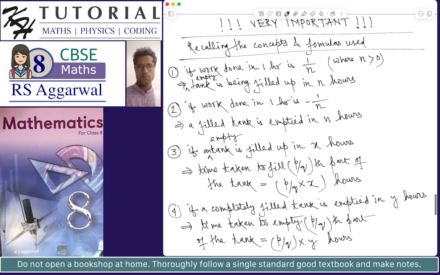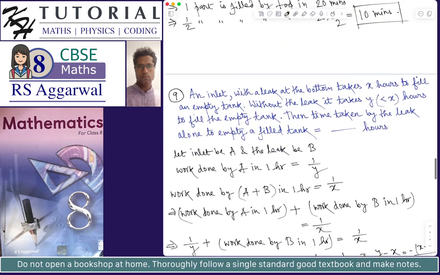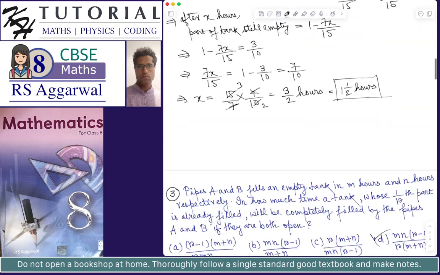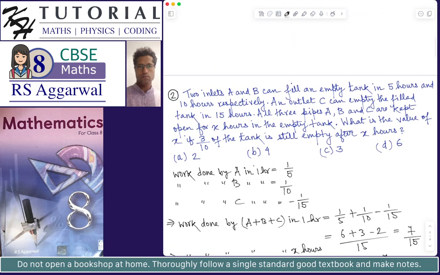Okay, so I hope this video was beneficial. The solution of the problems of assignment 2 will give you a better idea of how to approach solving the problems of pipes and cisterns, and how to apply the fundamental concepts of the inlet pipe, outlet pipe, the work done by an inlet pipe in 1 hour, the work done by an outlet pipe in 1 hour, and that the whole tank is considered as one, and also that the work done by an inlet pipe is positive and the work done by an outlet pipe is negative.